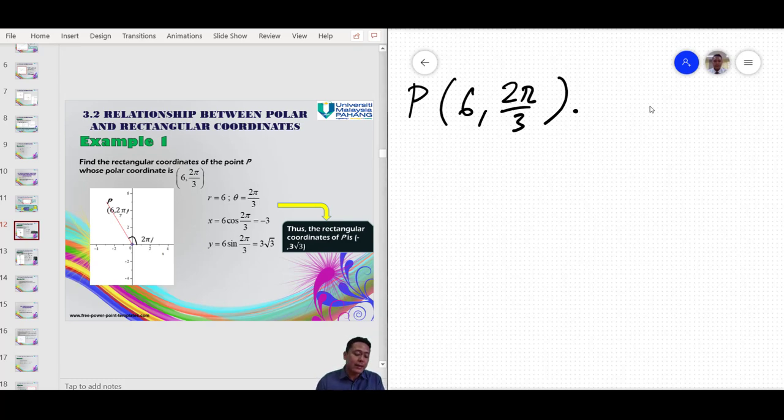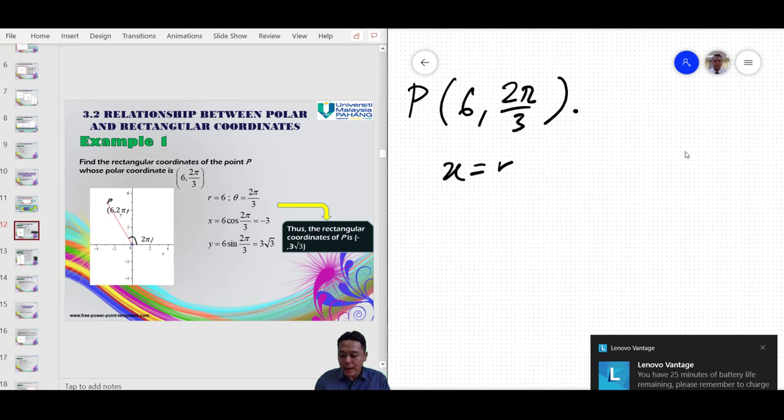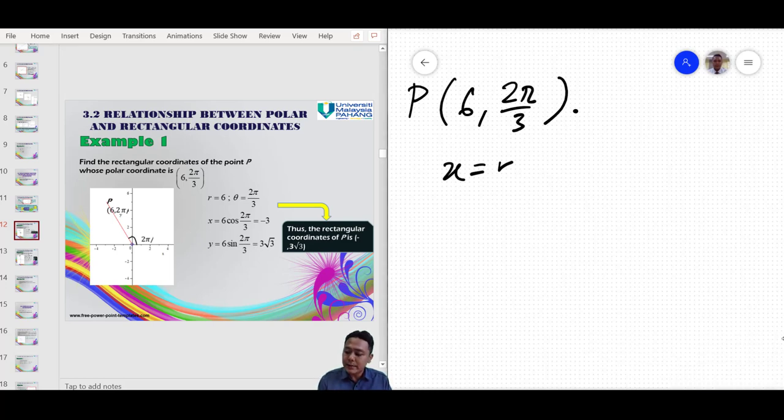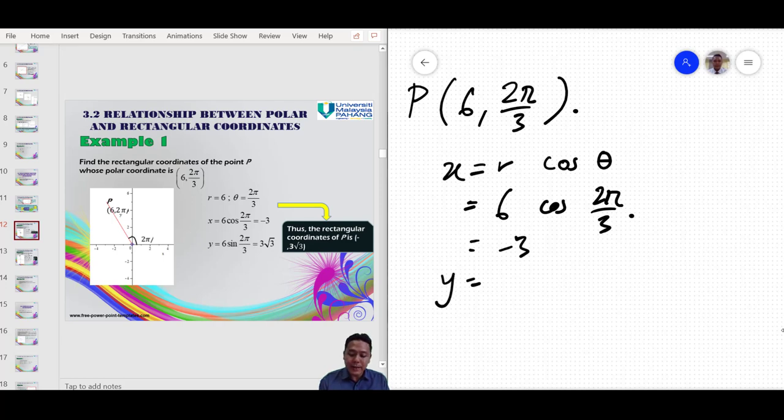Based on this representation, it will be in quadrant 2, and as given there, x equals r cos theta. So you just take 6 cos 2 pi over 3 and you will get the value of negative 3. Whereas y is represented by r sin theta, so you just plug in 6 sin 2 pi over 3 and it will give you the value of 3 square root of 3.